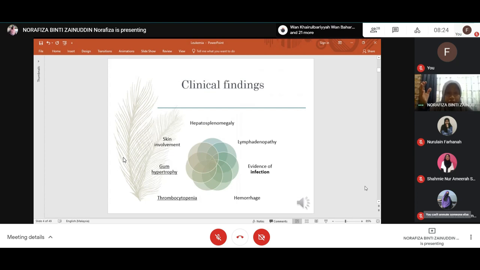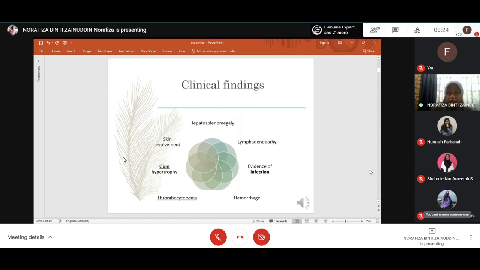Gum hypertrophy, which sometimes can lead to bleeding of the gum, and also skin involvement, like I mentioned just now, bruises, and also purpura. Some will involve CNS diseases, in severe cases.